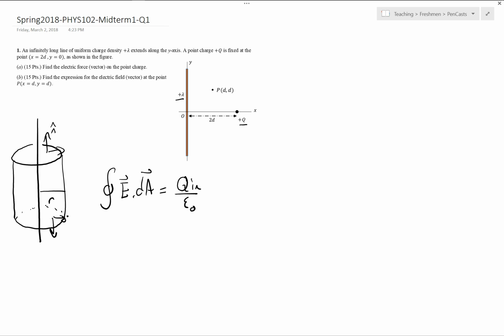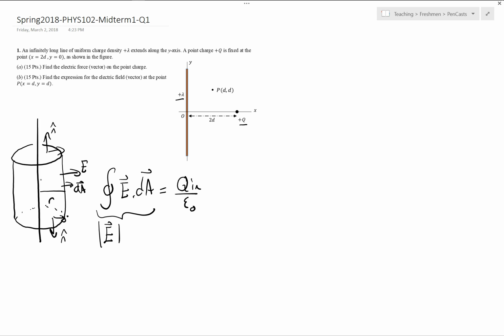Top and bottom dA vectors are perpendicular to that, so it's only coming from the side surface, so it's going to be E magnitude, and on the side surface E and dA vectors are actually parallel.